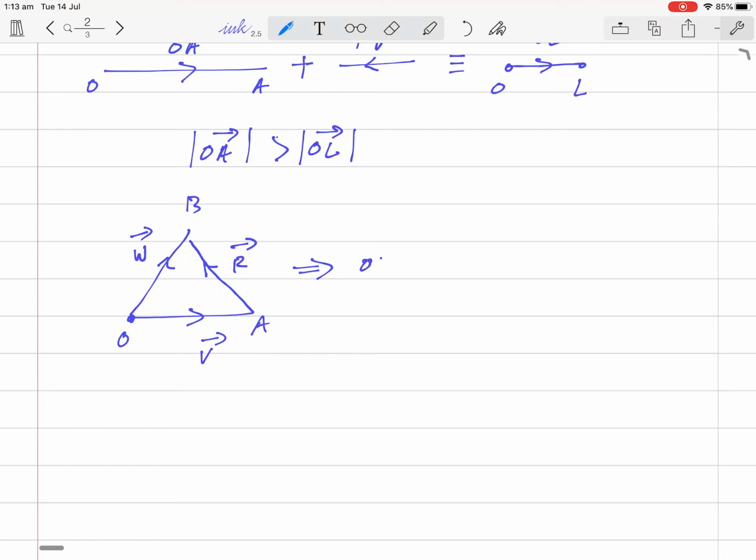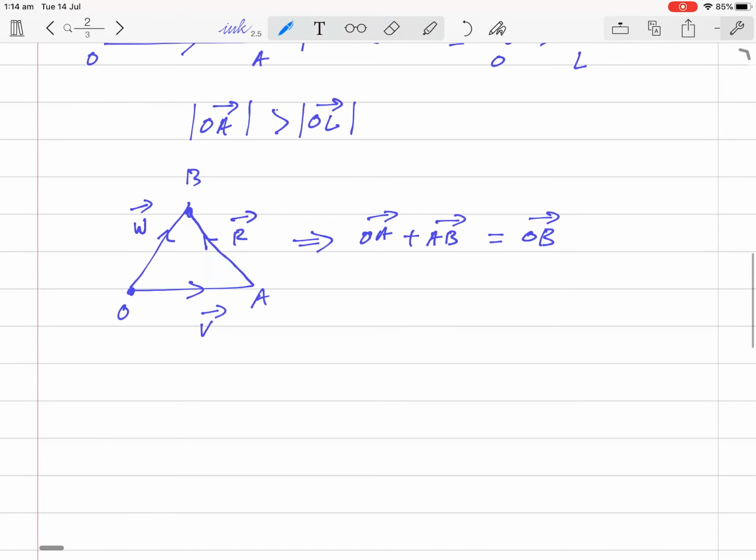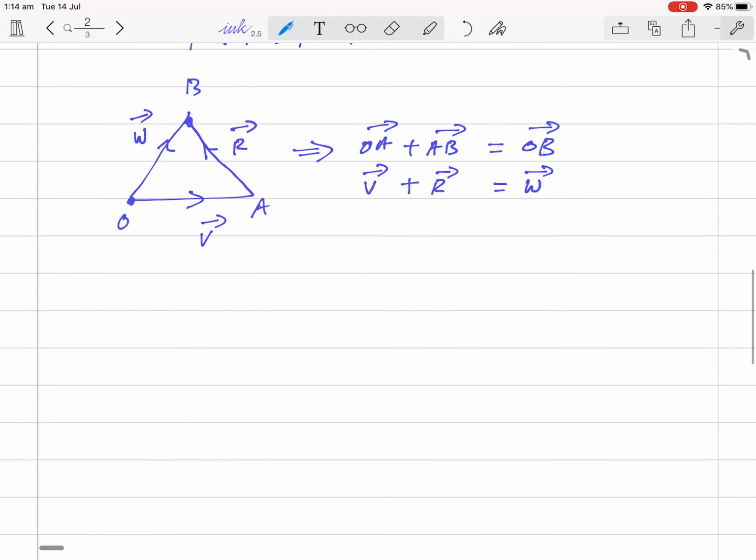So you can write OA vector plus AB vector is equal to OB vector. From the figure you can see that if someone is trying to walk on this path, from O to A, you can see the arrow, and then A to B, eventually it seems that he walked from O to B. So this is the addition theory. So OA would be V vector plus AB would be R vector and OB would be W vector, and it's going to be very easy.